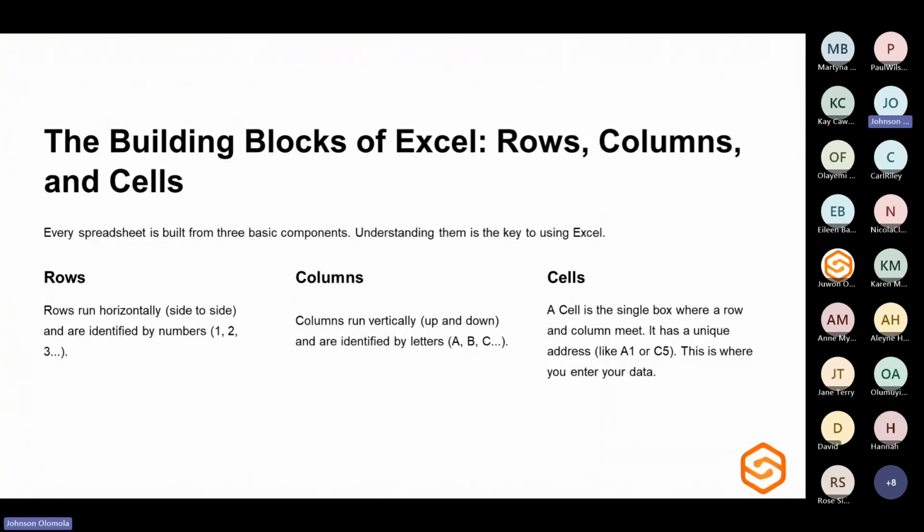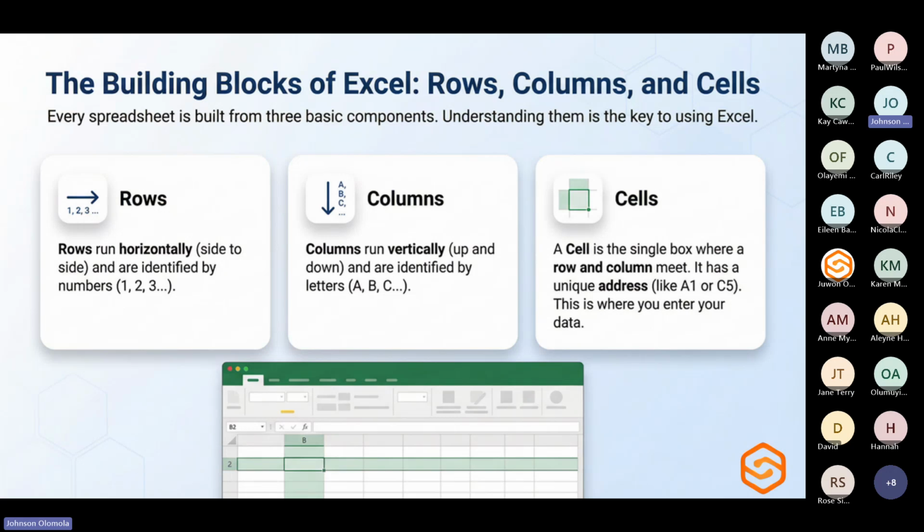So in Excel, we have different building blocks. We have the rows and columns, which I'll be showing you when we go into the practical session. In the row section, we have 1, 2, 3. In the column section, we have A, B, C. The intersection of row and column is called the cell.